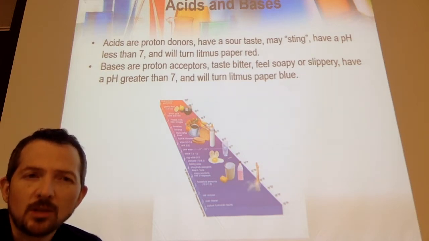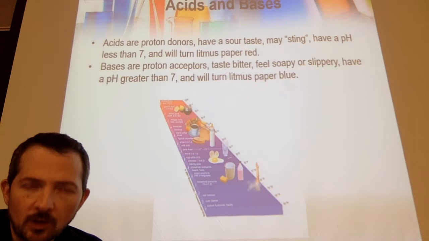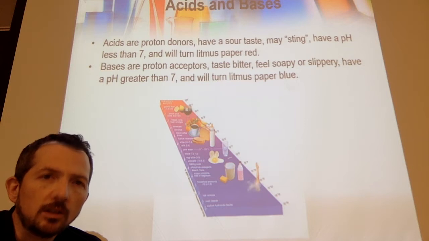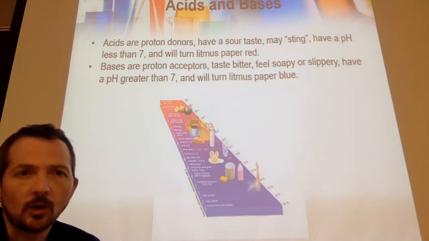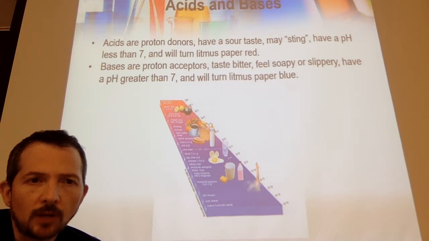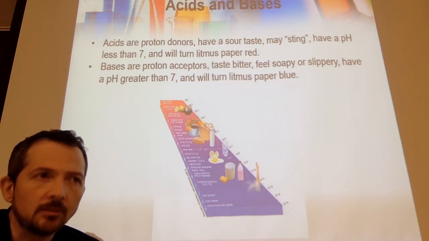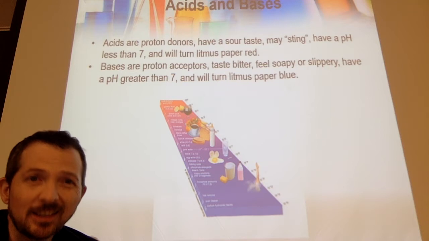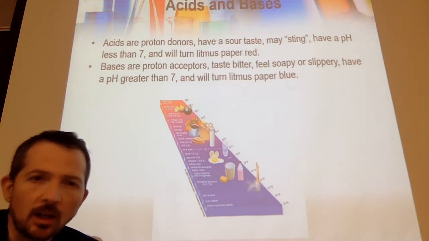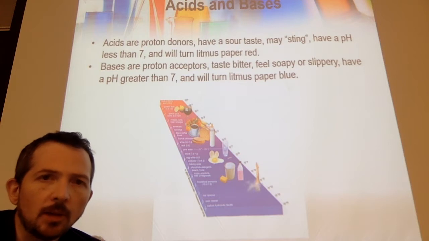That actually measures the concentration of the hydronium ion in solution. So we know if it has a great amount of hydronium ion, it's going to be an acid, because that's the definition of an acid. But you're going to learn a lot more about acids and bases in Chem 2. Right now it's just a brief overview about acids and bases.